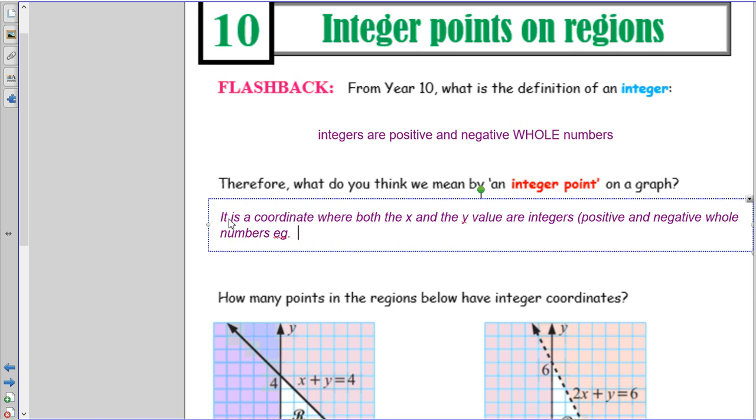Some examples could be something like (3, 5), or like (-204, 1), so long as it's a whole number.